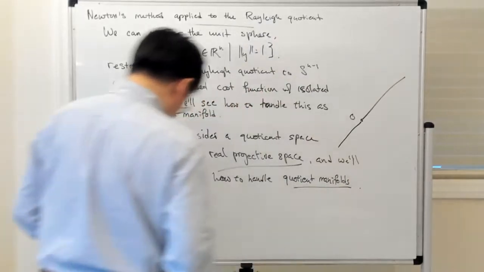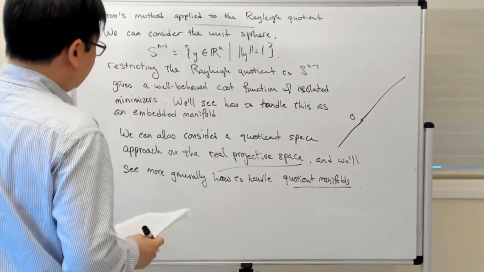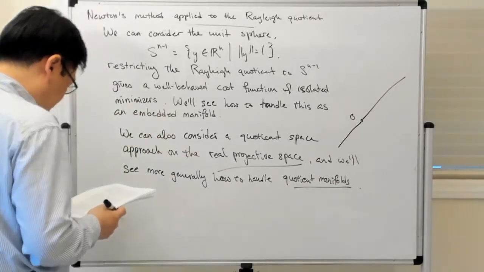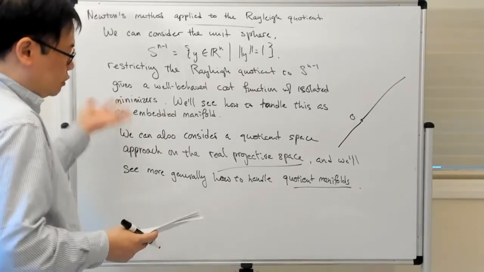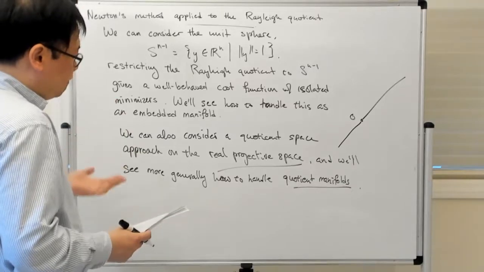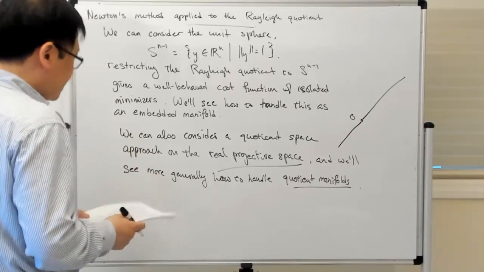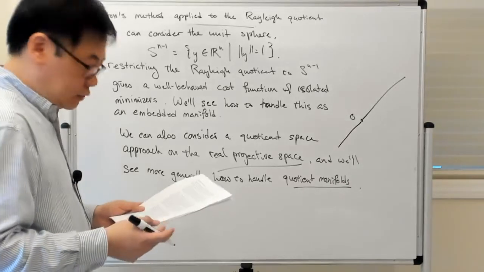I should just say that for the purposes of the Rayleigh quotient, operationally, these two approaches are not going to be that different, but the quotient manifold approach is going to be much nicer when you deal with things like the Grassmannians.